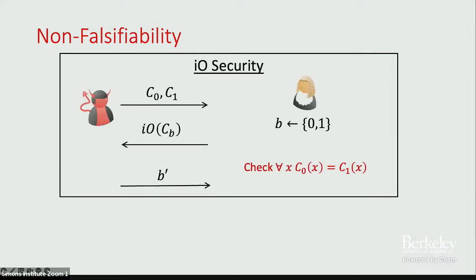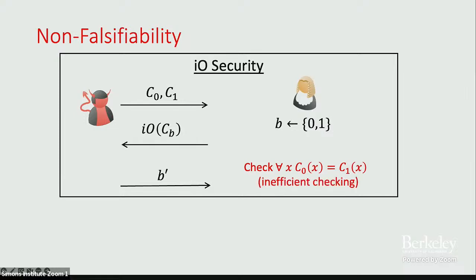And in fact, such a 2 to the input length loss stems from the following non-falsifiability aspect of the security definition of I/O. Let's recall the I/O definition. We view this definition as a game between an adversary and a challenger. The challenger needs to check the functionality equivalence to decide whether the adversary's attack is successful or not.